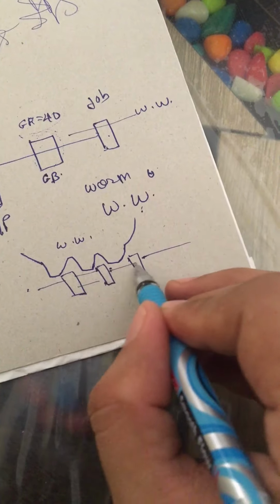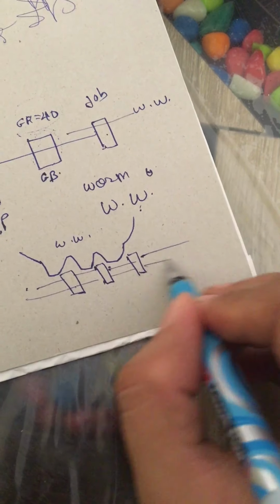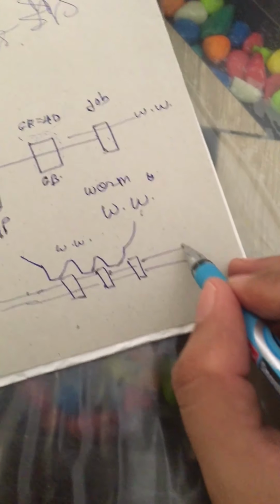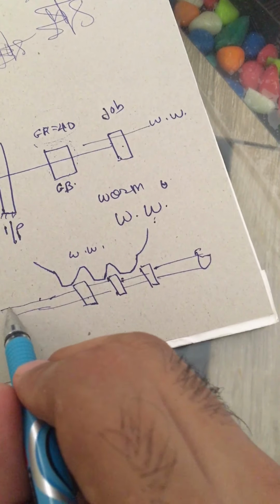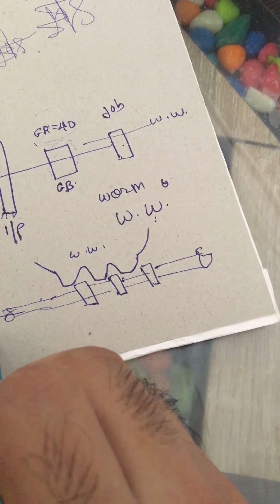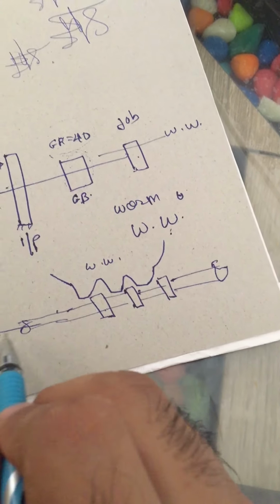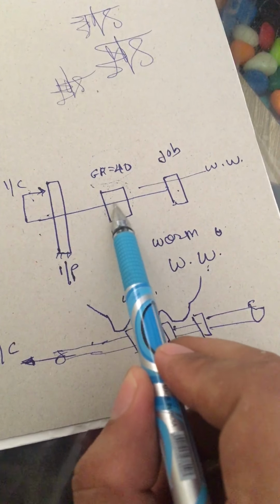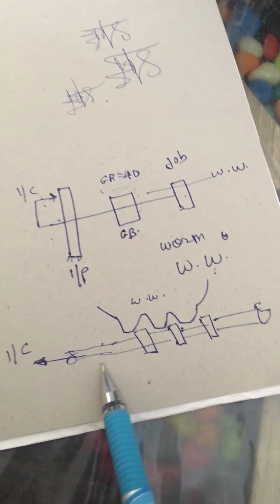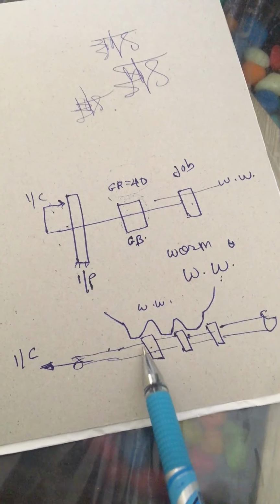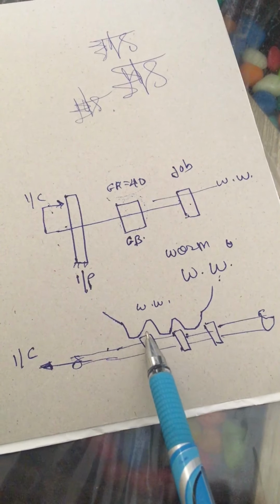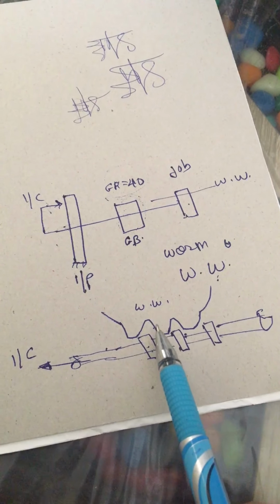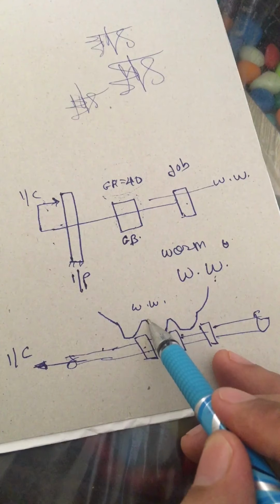I think this would be easy to understand. This part is connected to the index crank, and so to the worm. As the worm rotates, it pushes the teeth of the wheel, and so the worm wheel also rotates.